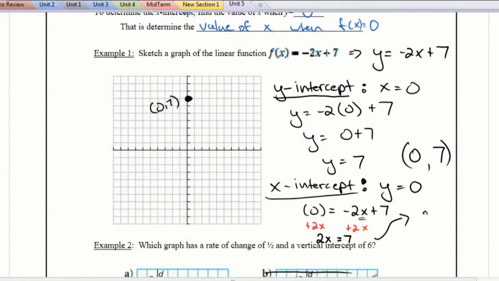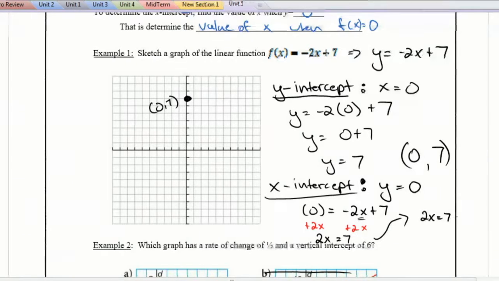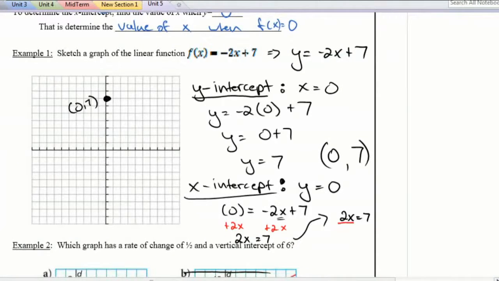I get 2x is equal to 7. And then I'm going to divide both sides by 2 to get that x by itself. And I end up with x is equal to 7 over 2.